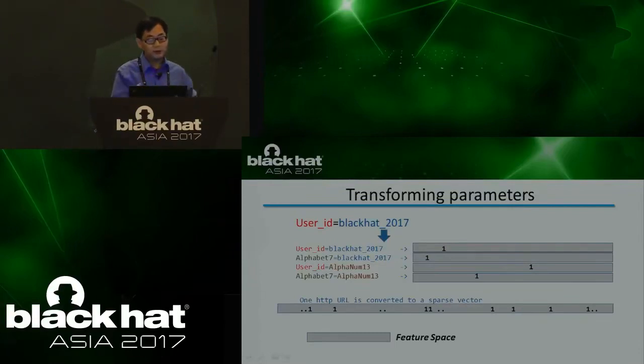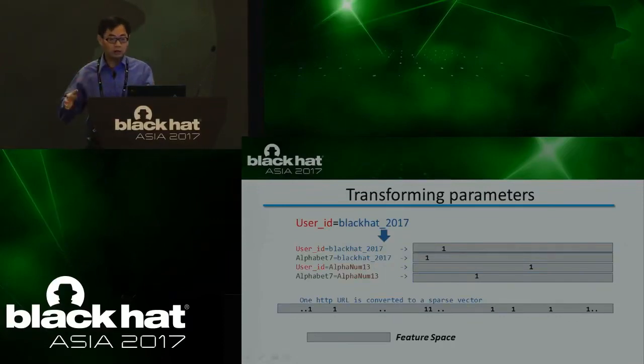The first feature we convert is just the original value itself. Second, we change the key, user ID, to its type plus length, and keep the value as is. The third one, we use our key as is and change the value to the type and length. And the fourth one, we change both to the type and length. So we effectively change one parameter to 4 features.